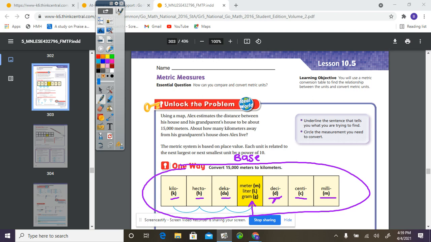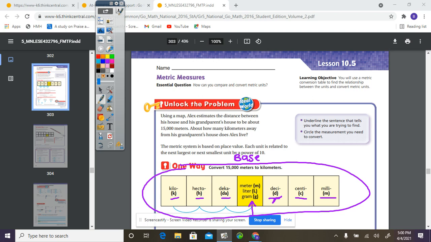Okay. Base, you'll notice that there's three different things listed in that yellow box: meters, liters, and grams. Because that's just your base, but you can have kilometers or hectometers or decameters. You can have kiloliters, hectoliters, decaliters. You can have decagram, hectogram, kilogram.